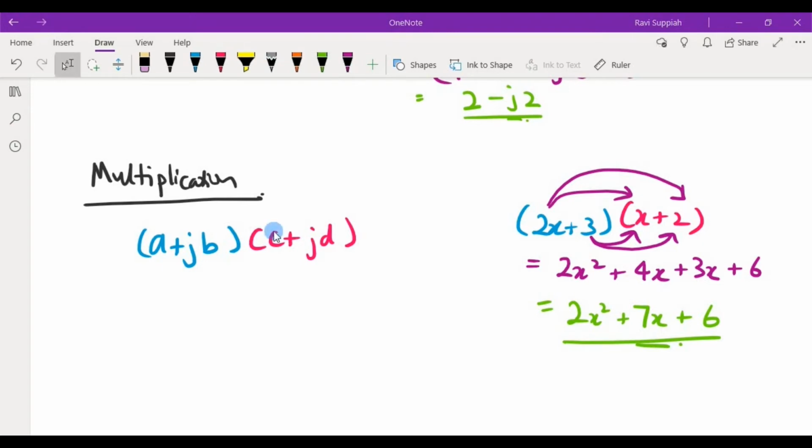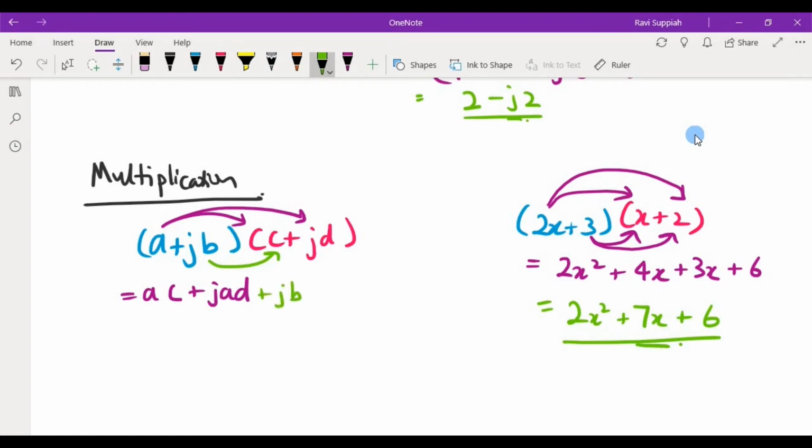We are now going to apply the same approach to complex numbers. Okay, so first will be a multiplied by c, I get ac. a multiplied by jd, I get jad. jb multiplied by c, I get jbc, plus jb multiplied by jd, I get j squared bd.